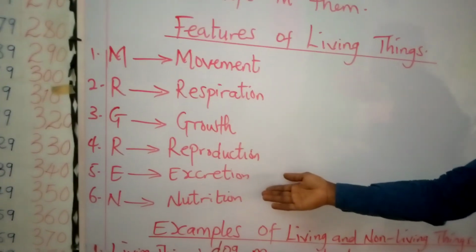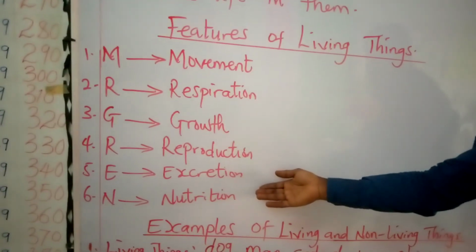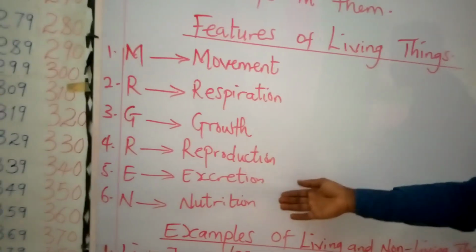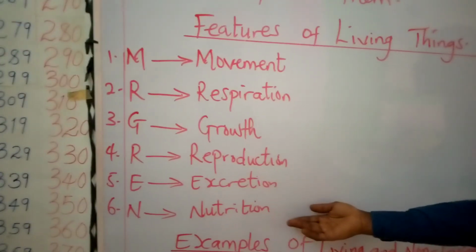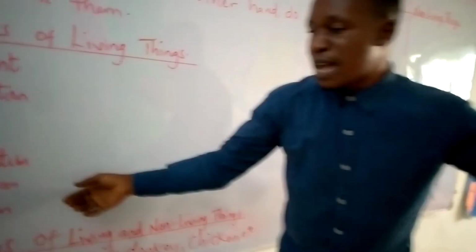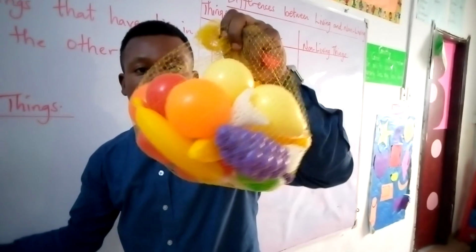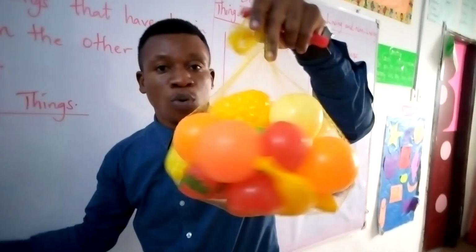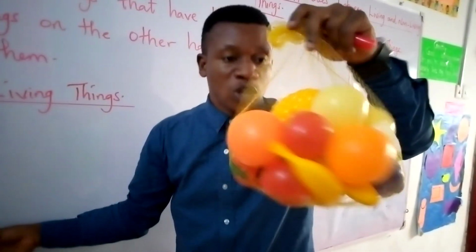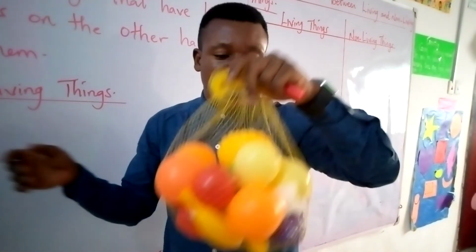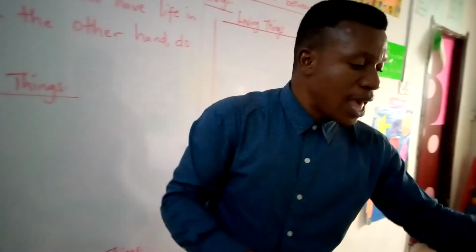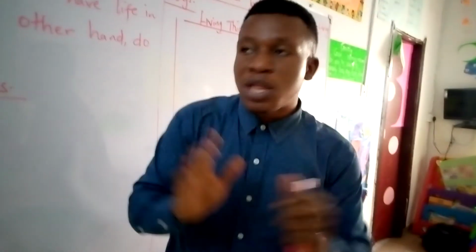Can my toy poo? No. So it's a non-living thing. Living things feed. Non-living things do not feed. Non-living things like my toy cannot poo and cannot feed. So these are the differences between living and non-living things.